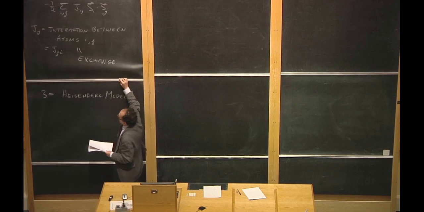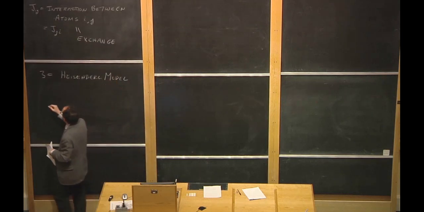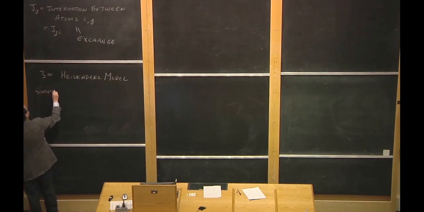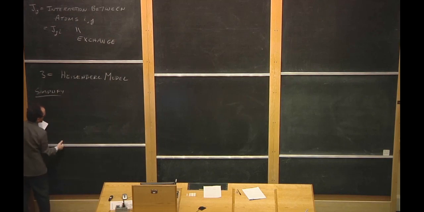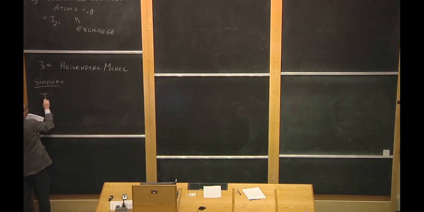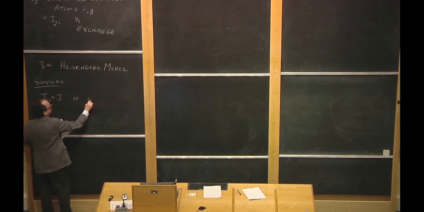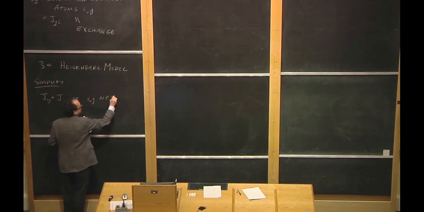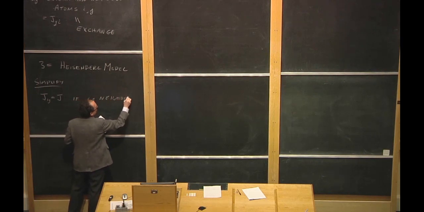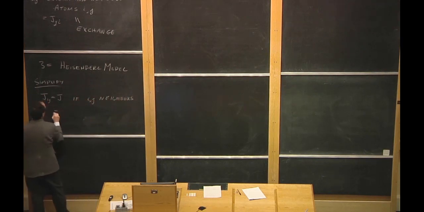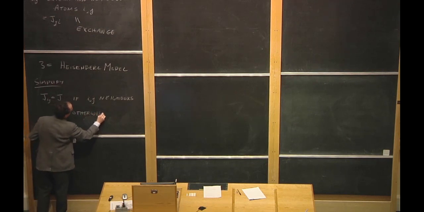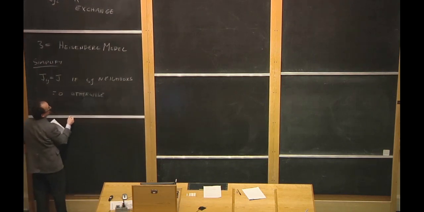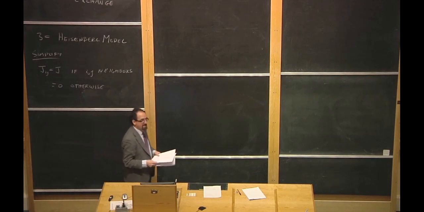Now we're going to simplify this even further, by setting J_ij equal to J if i and j are neighbors, and we're going to set it equal to 0 otherwise. In other words, we're just going to keep track of interaction between spins that happen to be nearest neighbors with each other.